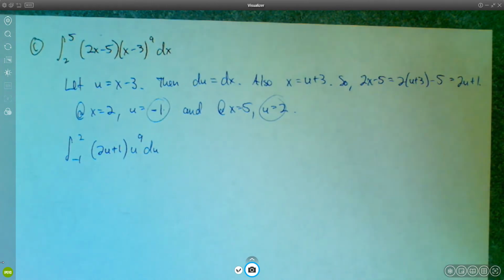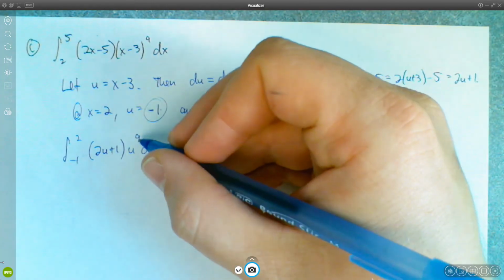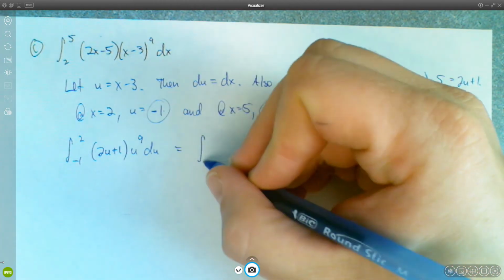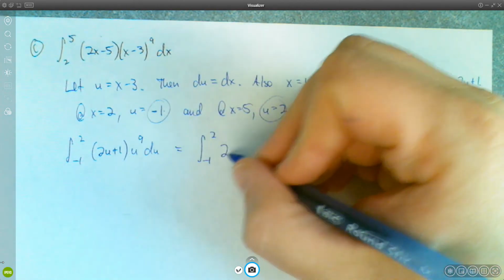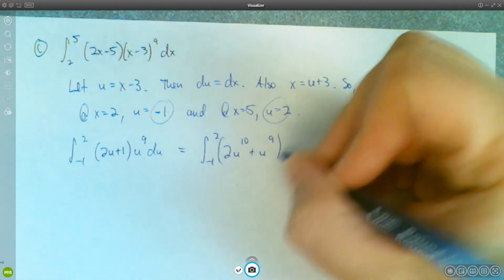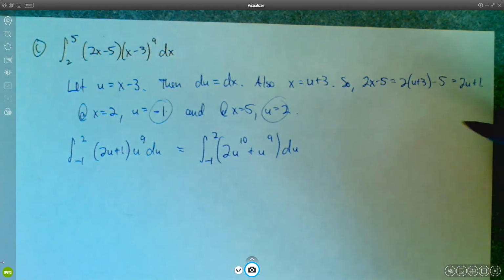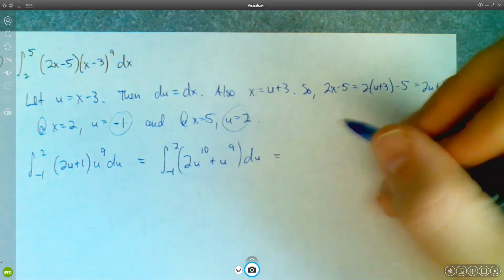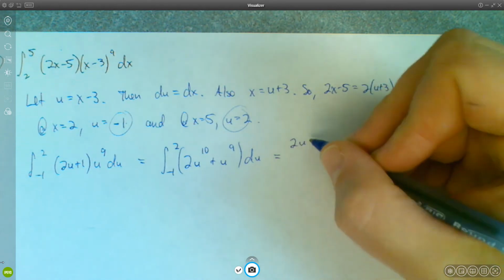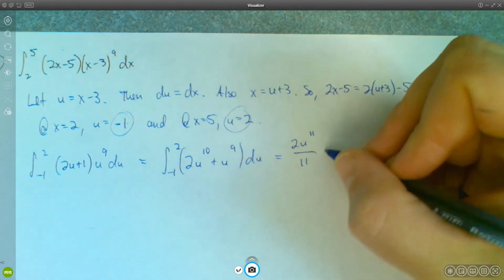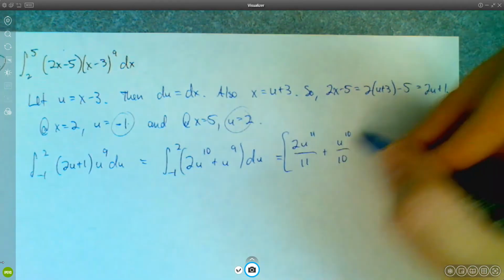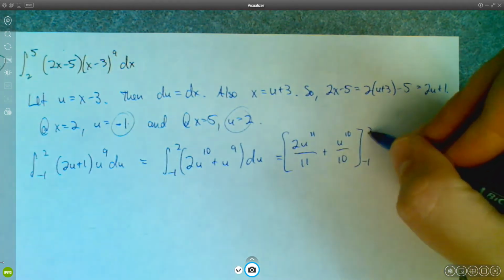Now that may not seem much nicer to you at first glance, but notice that you can distribute u to the 9th really easily now, right? So this is just the integral from negative 1 to 2 of 2u to the 10th plus u to the 9th du, and that's really simple now. So this is going to be 2u to the 11th over 11 plus u to the 10th over 10 evaluated from negative 1 to 2.